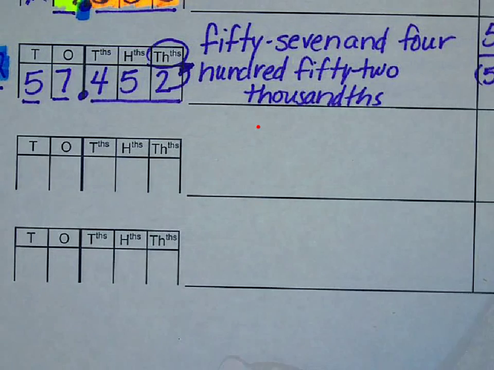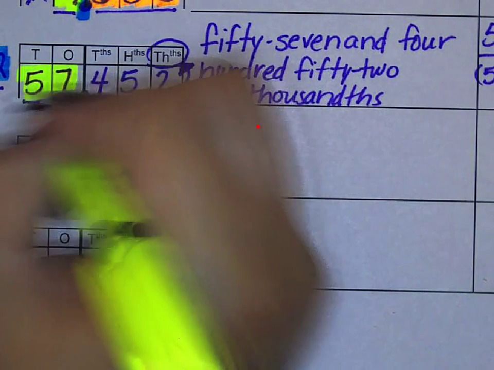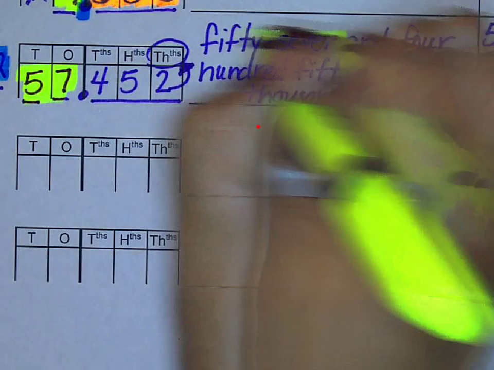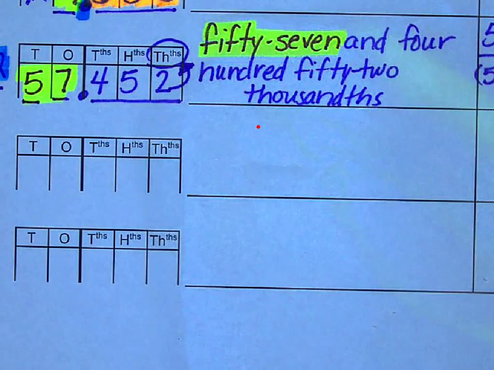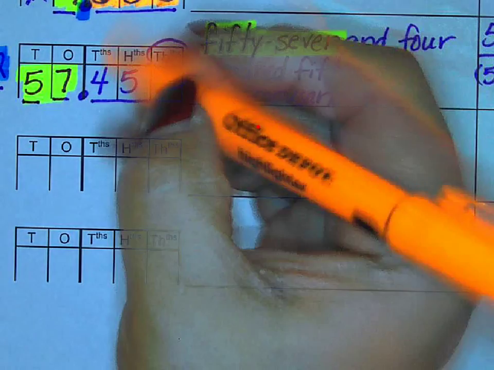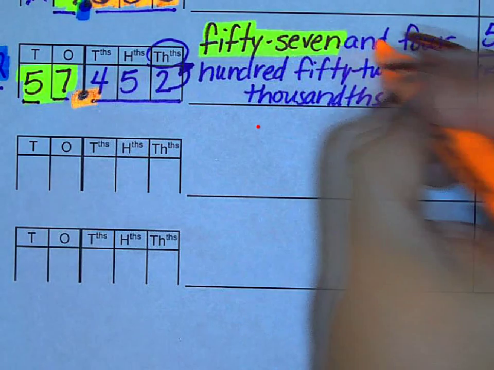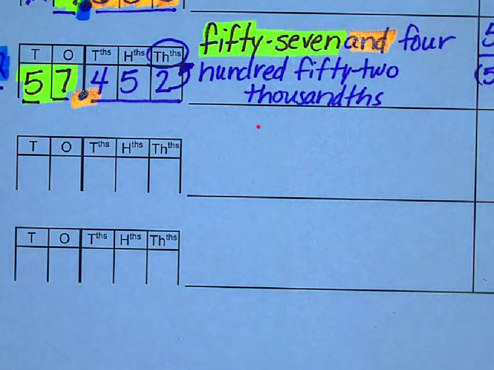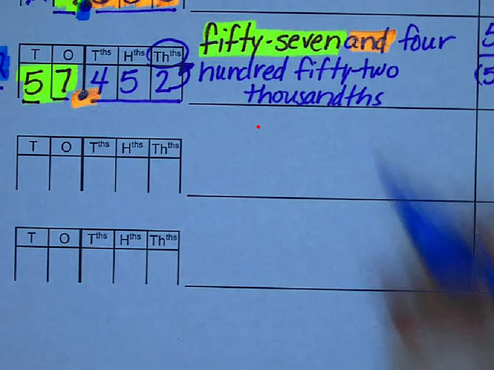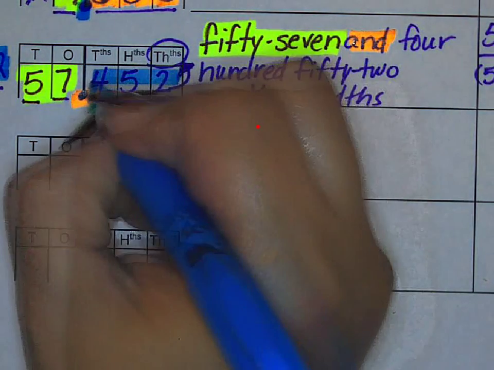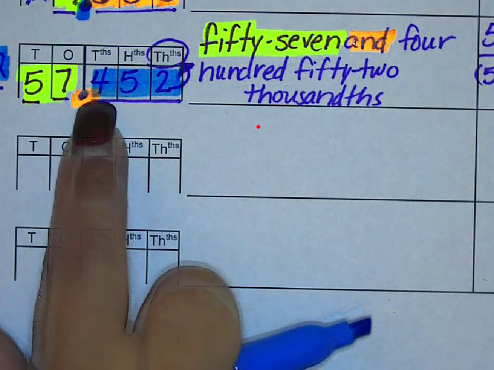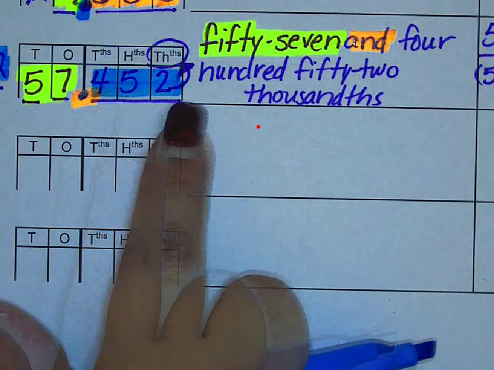So when it's written out, we're back to doing the same thing. We have 57. Did you write 57? Yes. Okay. We have our decimal, which tells us we write the word "and," and then we have our next part of the number, which is what? All together, 452.